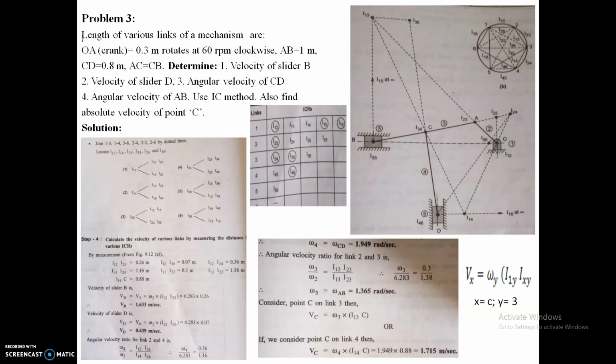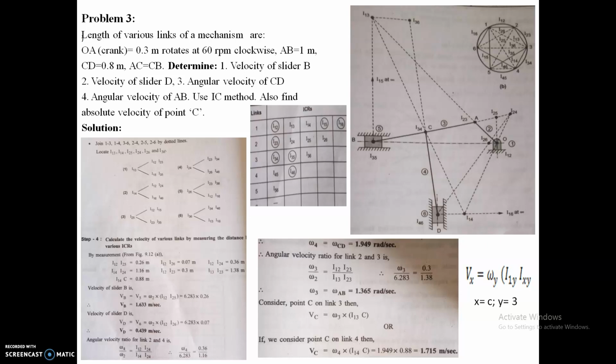And the second step is the angular velocity of the crank. So by usual, omega is equal to 2 pi N divided by 60. From this you will get omega of the crank as 6.283 rad per second.